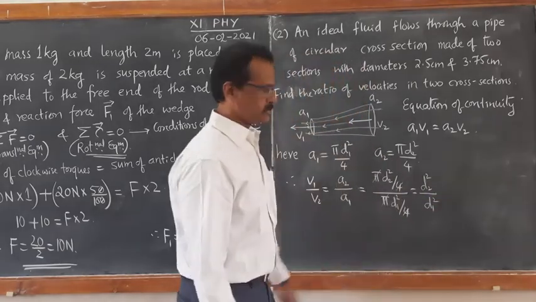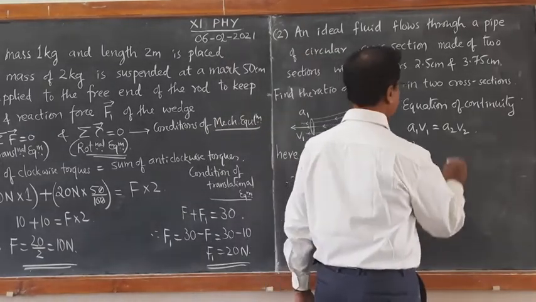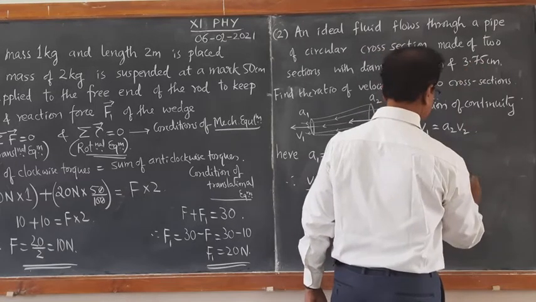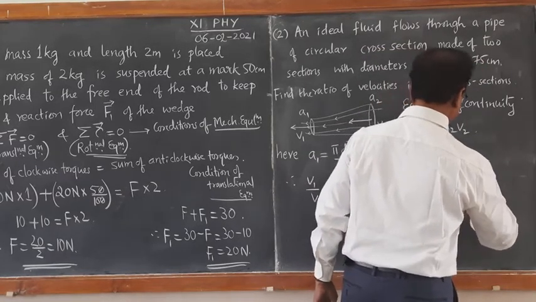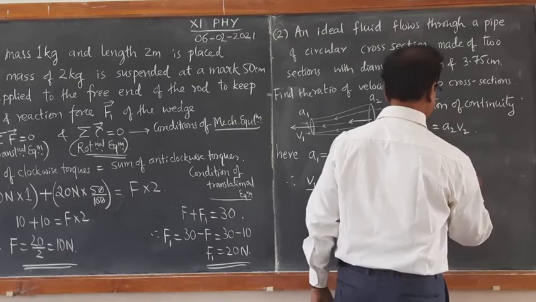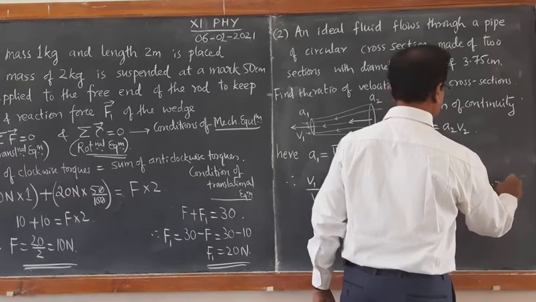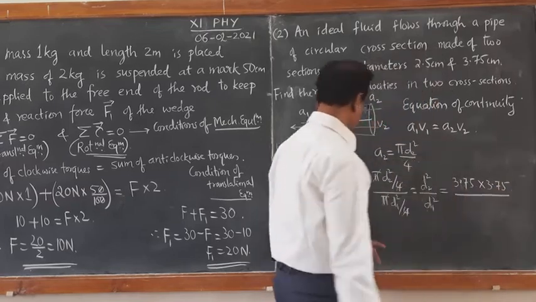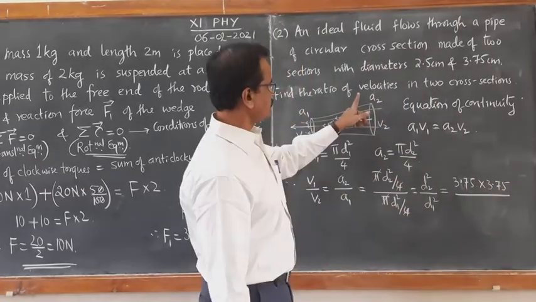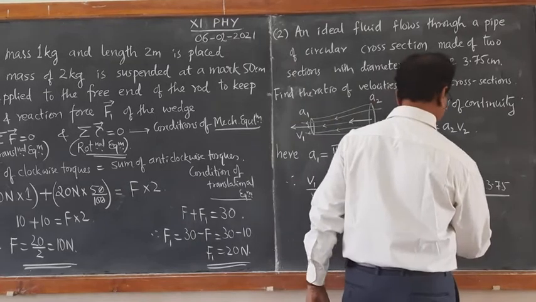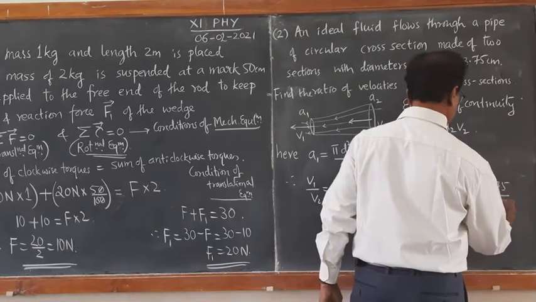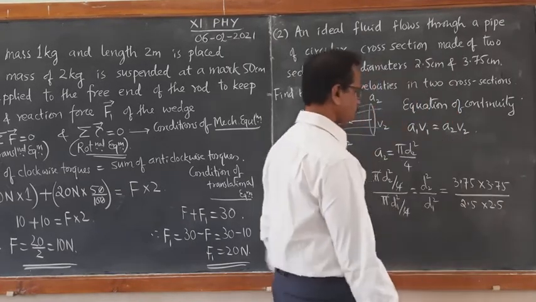Just substitute the values. So this becomes 3.75 square divided by d1 square, which is 2.5 square.